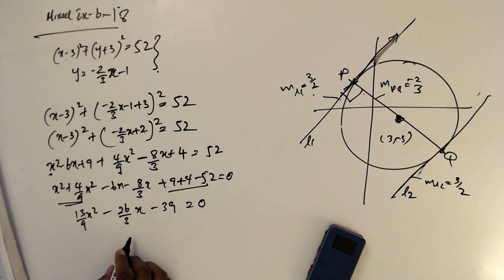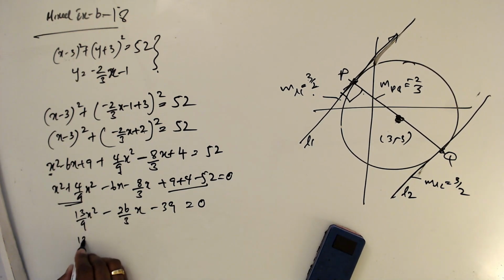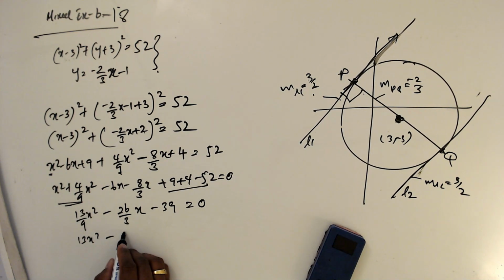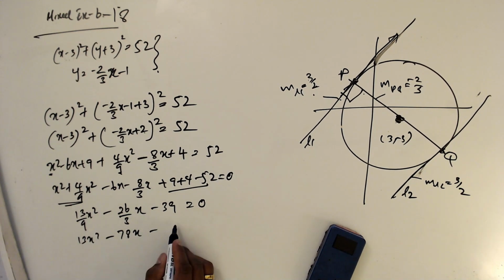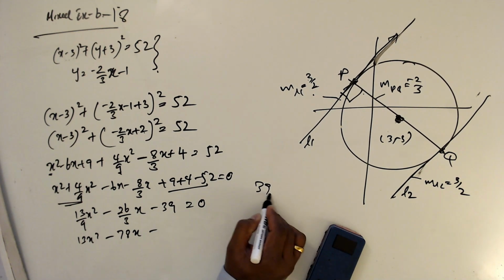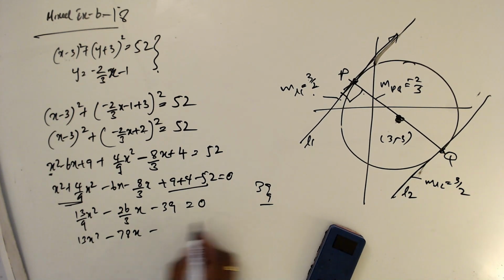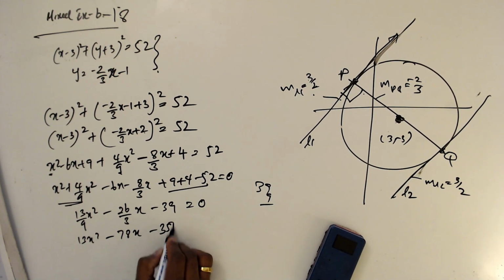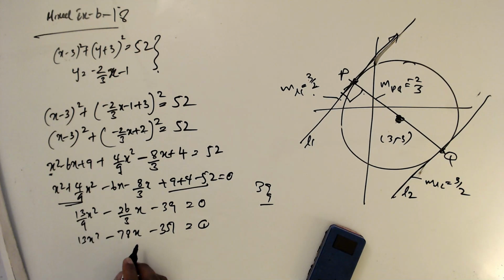So I'll multiply by 9. So 13x squared minus 3 times 26 is going to be 78x, and 9 times 39 is 351, equals 0. Then I can divide this by 13.